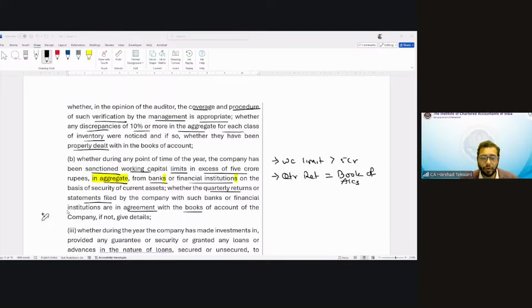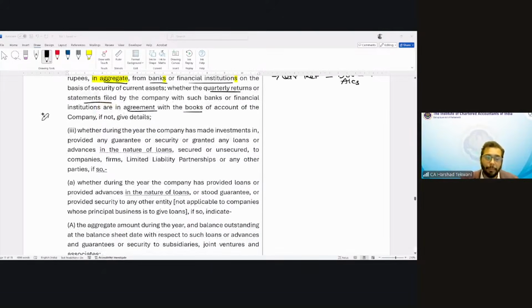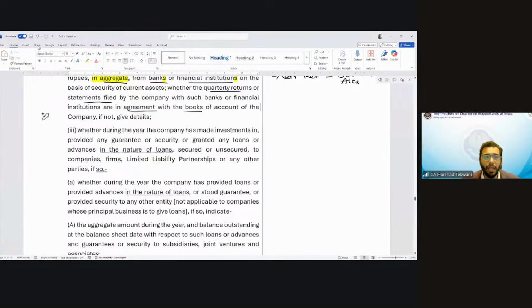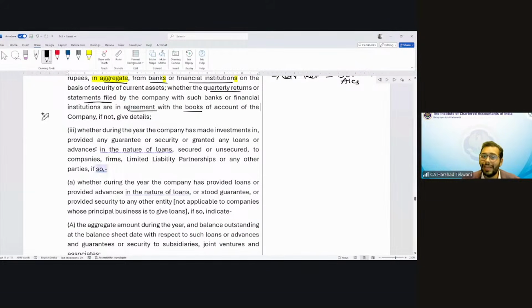Okay. Now let's go to para 3. Para 3, interesting one. It takes care of loans and advances. Let's see what it says. Whether during the year the company has made investments in, provided any guarantee or security, or granted any loans or advances in the nature of loans, secured or unsecured, to companies, firms, limited liability partnerships or any other parties, if so.